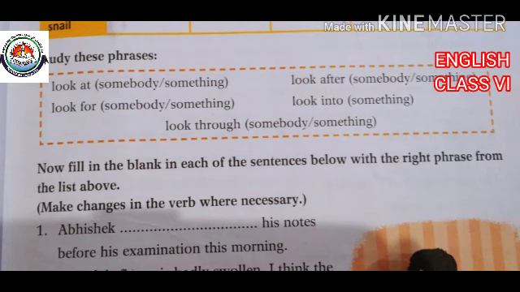The first exercise is: Abhishek looked through his notes before his examination this morning. In the same way you have to fill all the other exercises. You have 5 exercises totally, and the first one I have already done for you. All the 4 others which are there on page number 45 you have to do.